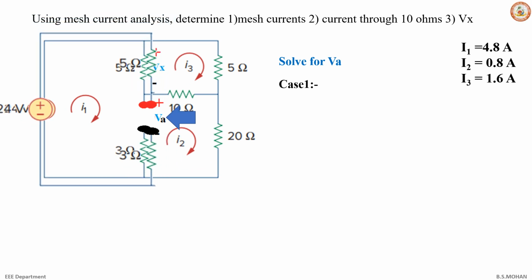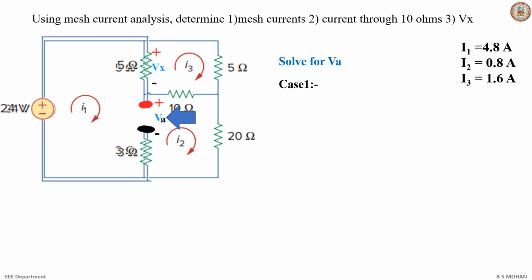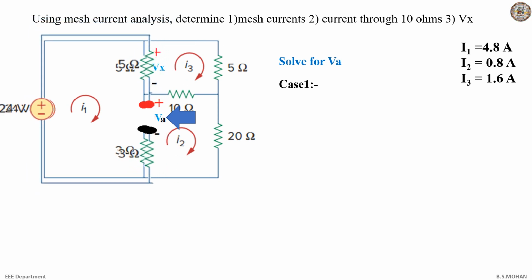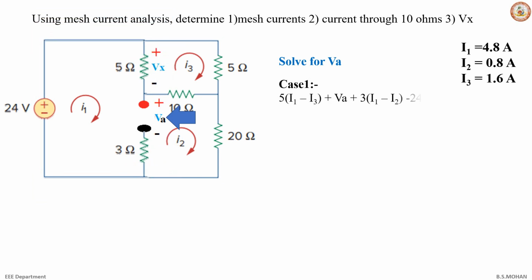Thus find the voltage across these three elements, although the voltage across 24 is known, the active element is known. So find the voltage across 5 ohm and 3 ohm, apply KVL, and that would give your VA, right? So what is the voltage across 5? As I have written there, 5 into I1 minus I3, then VA is what we must find, plus 3 into I1 minus I3, minus 24 is equal to 0.